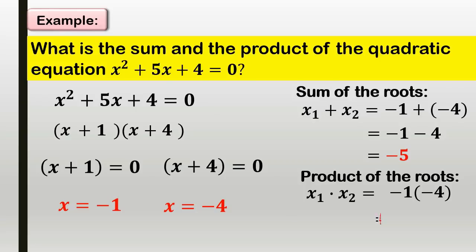So negative 1 times negative 4, it will become equal to positive 4. Therefore, the sum and the product of the roots of the quadratic equation x squared plus 5x plus 4 equals 0 are negative 5 and positive 4.